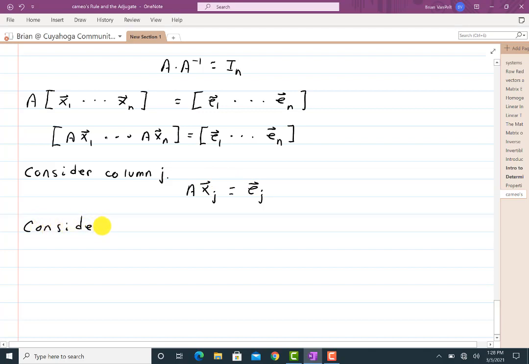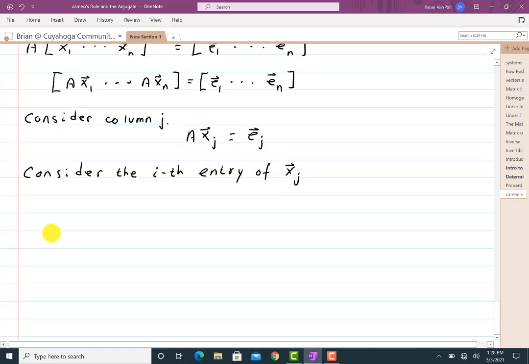Consider the ith entry of xj. So xj is, like I said, a column of A inverse, but let's take a look at what these could look like.